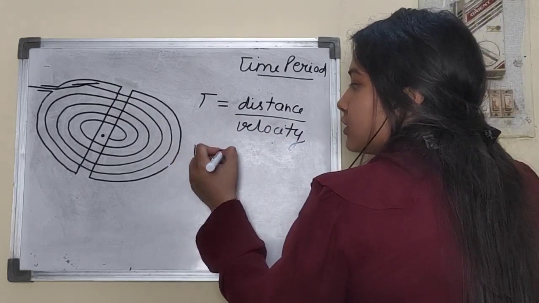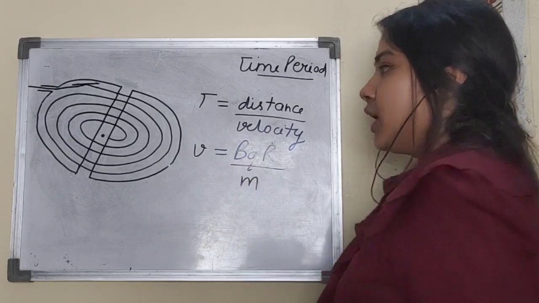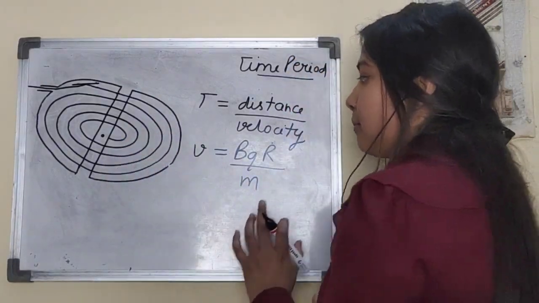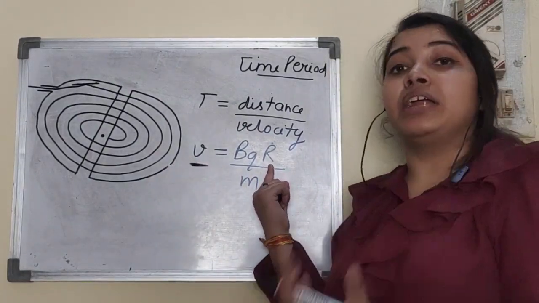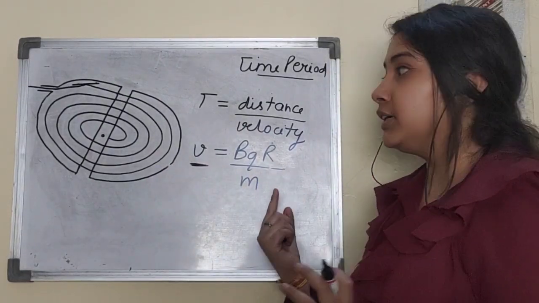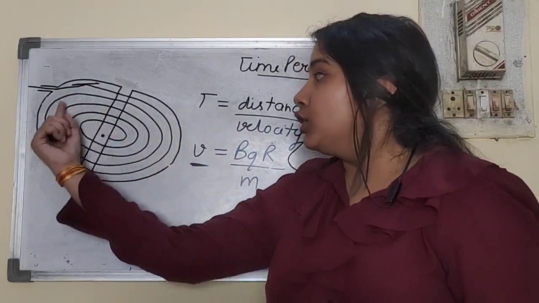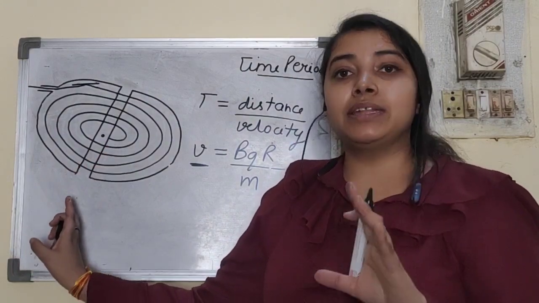Now we know that velocity is equal to BQ capital R by M. Here we are calculating the maximum time period. What do we mean by maximum time period? We are taking the velocity with maximum radius. So basically we are calculating the maximum time period which the charged particle can take to cover the circular path. Time period can be less than this but cannot be more than this.